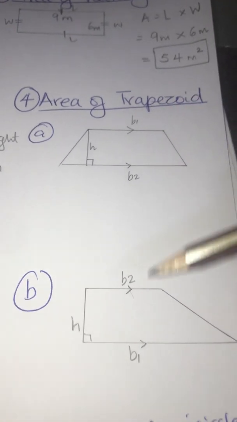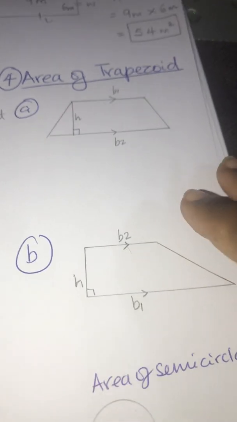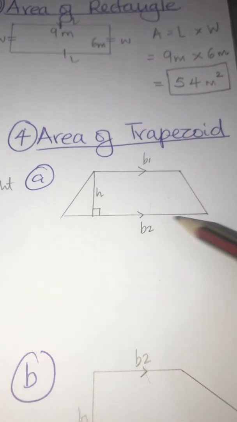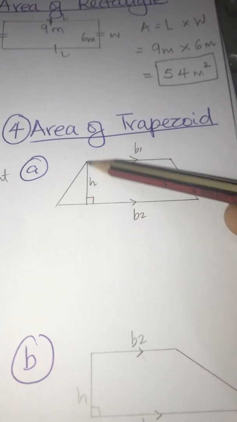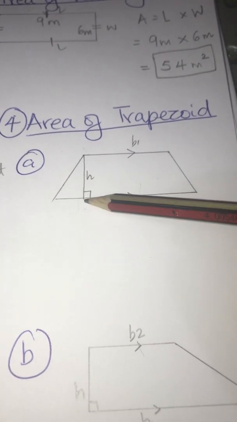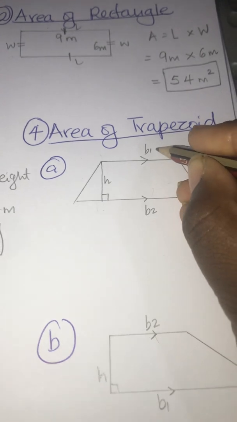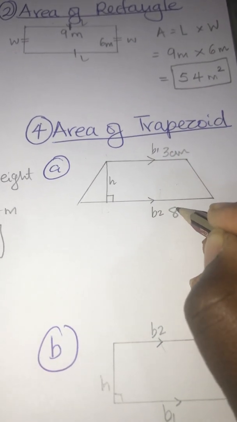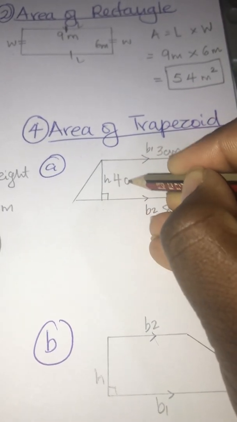And here, trapezoids can come in 2 different ways, but the formula is the same. Okay? So the trapezoid has 2 bases. It has the long base and the short base, and then the height is the perpendicular line to one of the bases. Okay? So let's put some numbers. Let's say this is 3 centimeters, and let's say this is 8 centimeters, and let's say this is 4 centimeters.